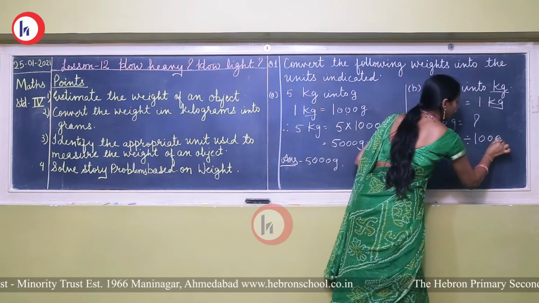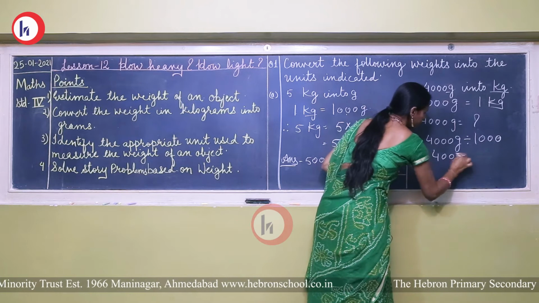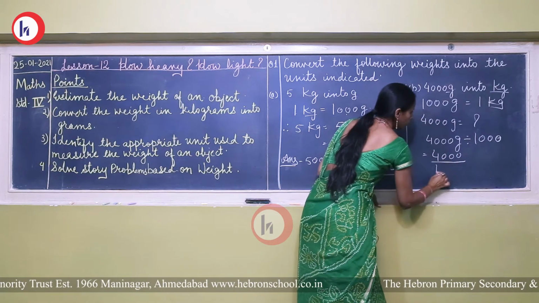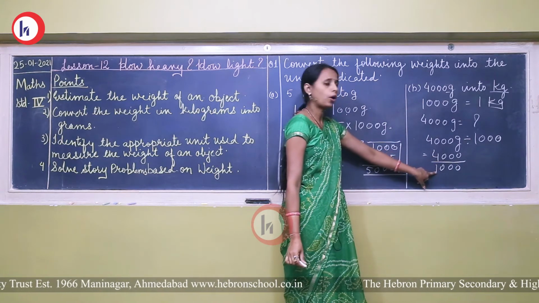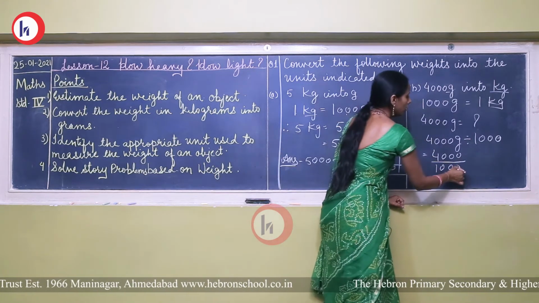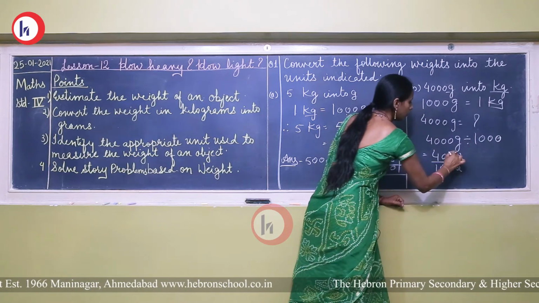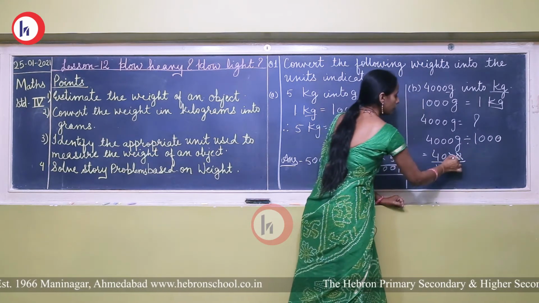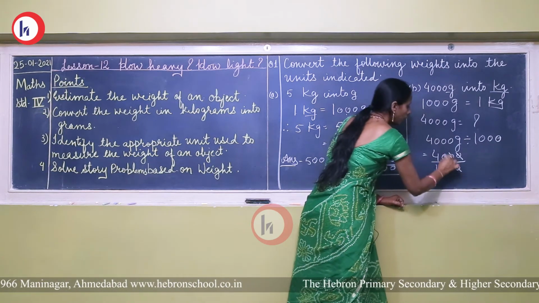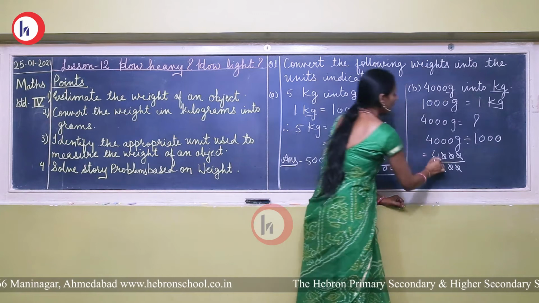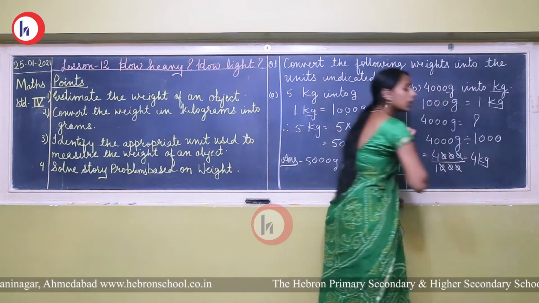Okay. So here are two ways to divide. First of all, we will do by this way, 4000 upon 1000. So here this 0 will be cut from this one. Now we can cut 1 and 1 0. Now see, this 0 will be cut from this one. So answer is 4 and the unit will be kilogram.